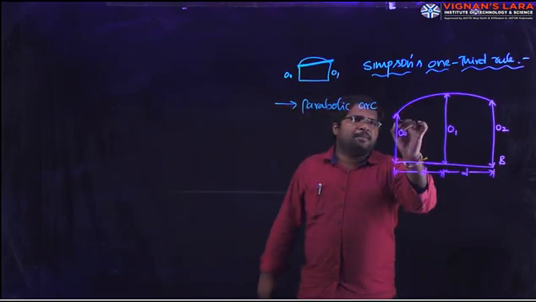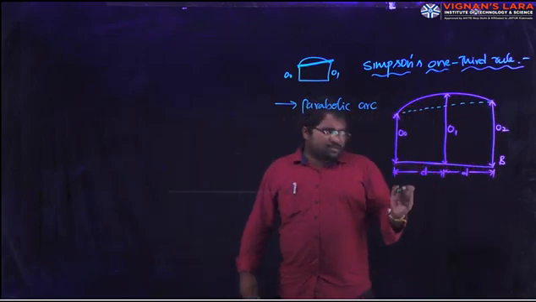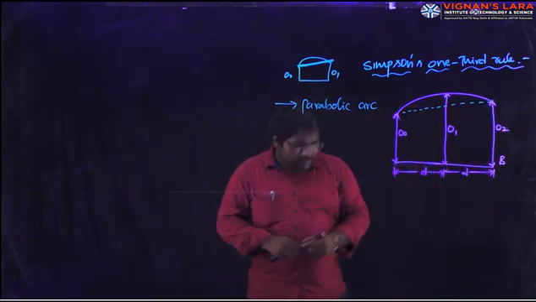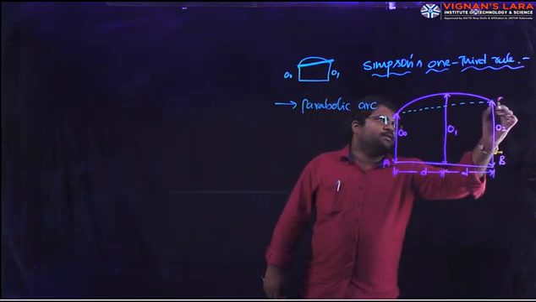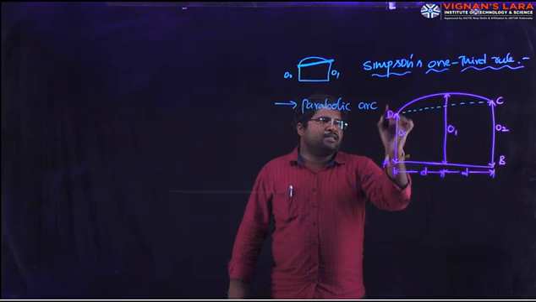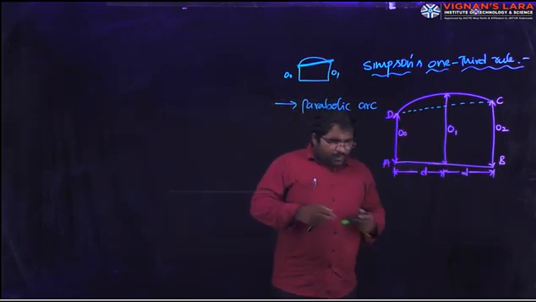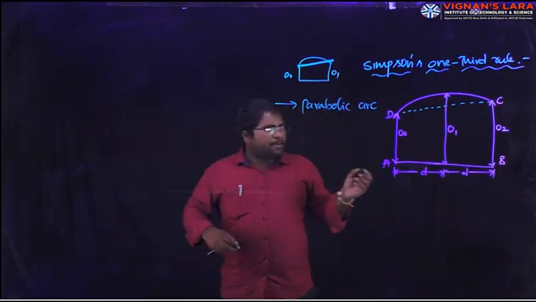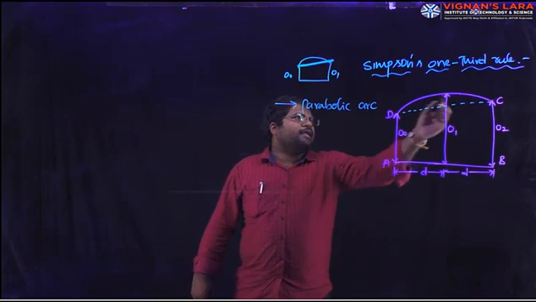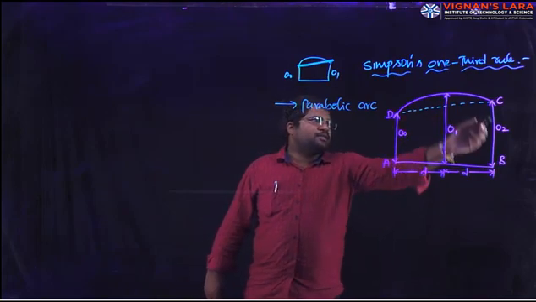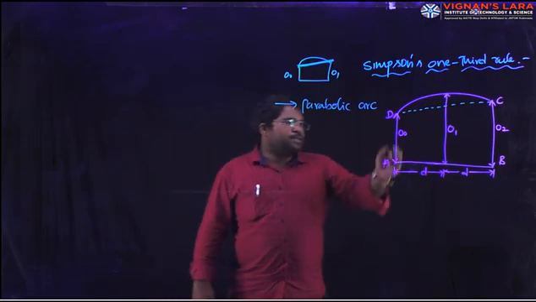Okay, so the parabola is from this point to this point. Suppose we take this point as A, this point as B, this point as C, this point as D. Now, if you want to calculate the total area of this particular shape, it is a trapezium, right?